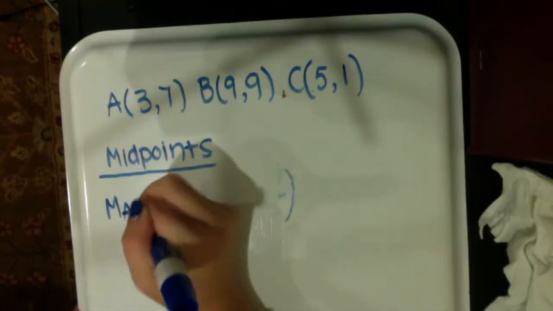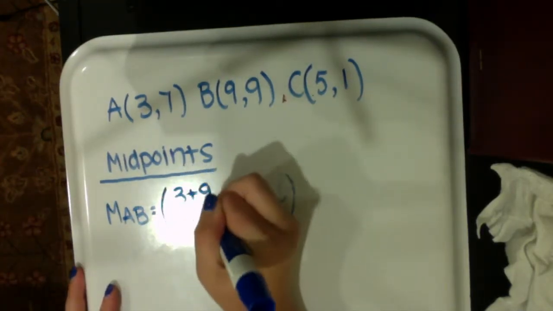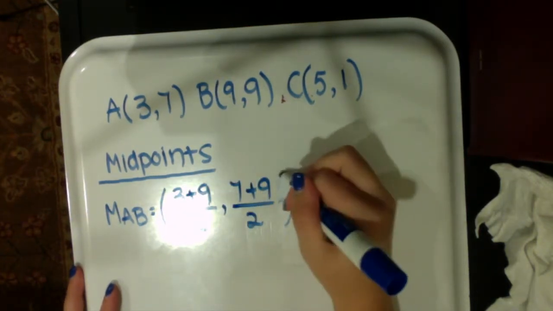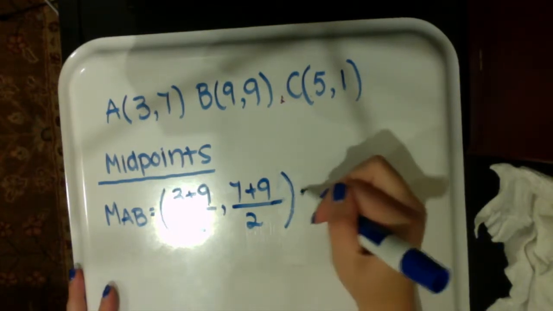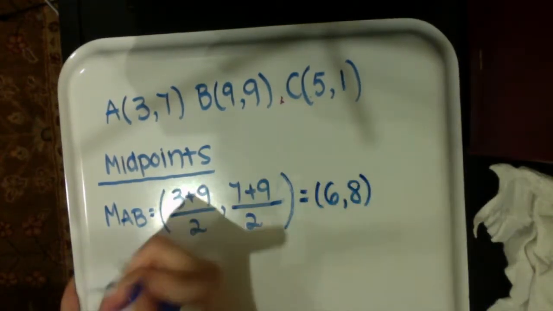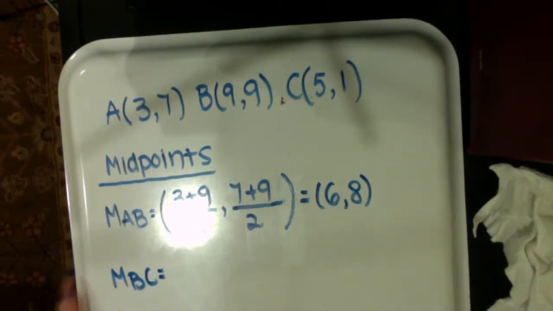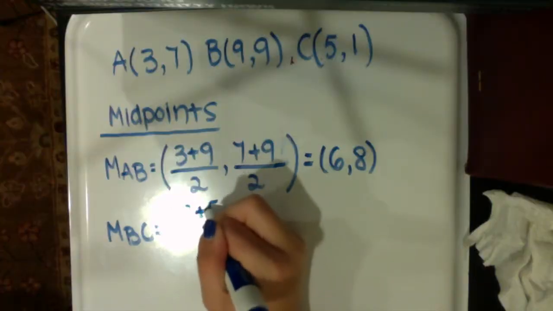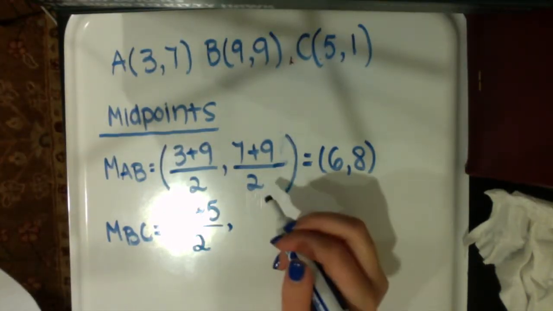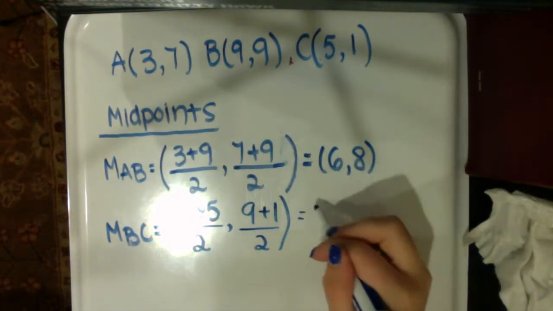Avenue. To find the midpoint of line AB, we're going to take 3 plus 9 and divide by 2, and 7 plus 9 and divide by 2, and you will end up with the point 6, 8. To find the midpoint of line BC, you're going to take 9 plus 5 and divide by 2, and take 9 plus 1 and divide by 2, which will give you the point 7, 5.